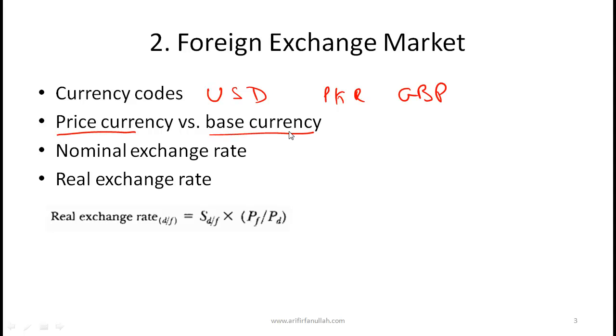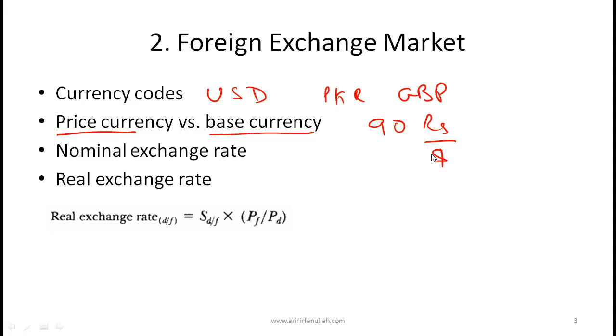I'll say this here and then I will repeat this later because it's extremely important. So when you see a quote such as 90 rupees per dollar, then obviously the two currencies involved are the rupee and the dollar. The rupee in this case is the price currency, and the dollar is the base currency.